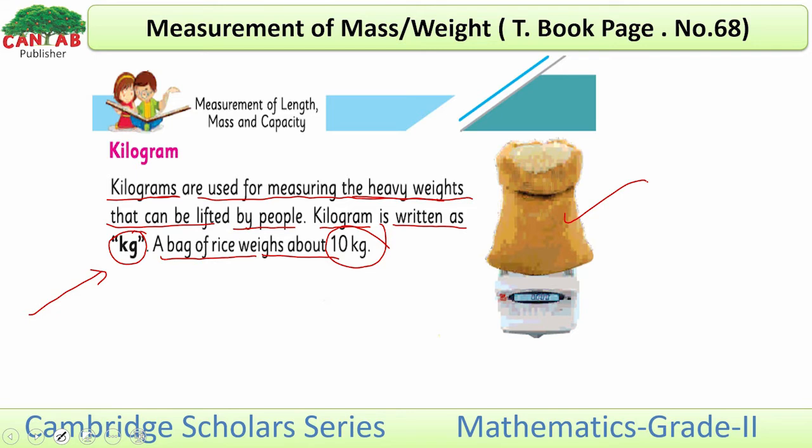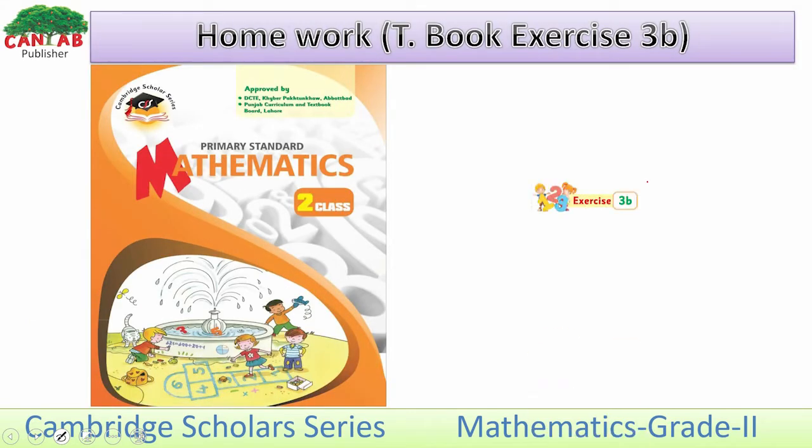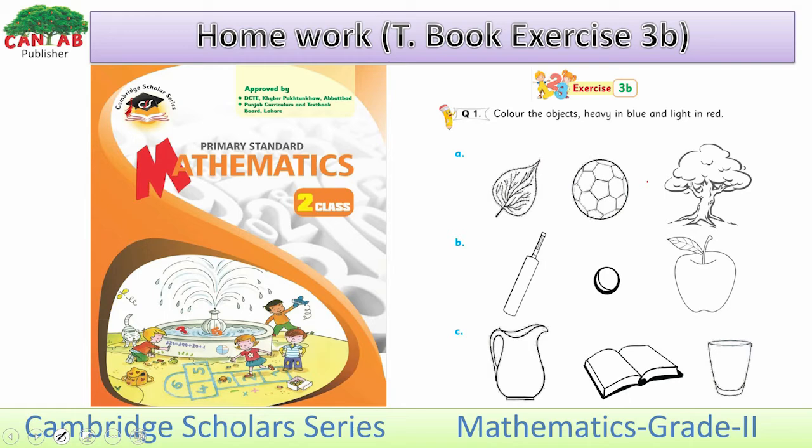Now come to the textbook exercise. Look at these objects and color them. Color the heavy objects in blue and light ones in red. Which one is heavy among these three?